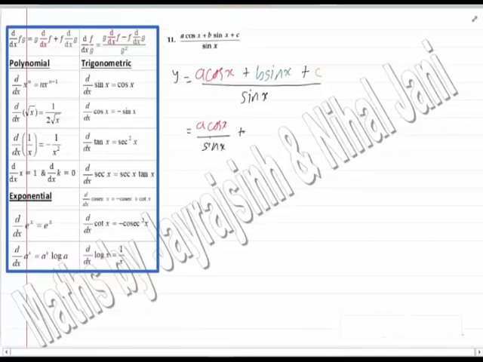First term will be a cos x upon sin x, plus b sin x upon sin x, and finally c upon sin x.